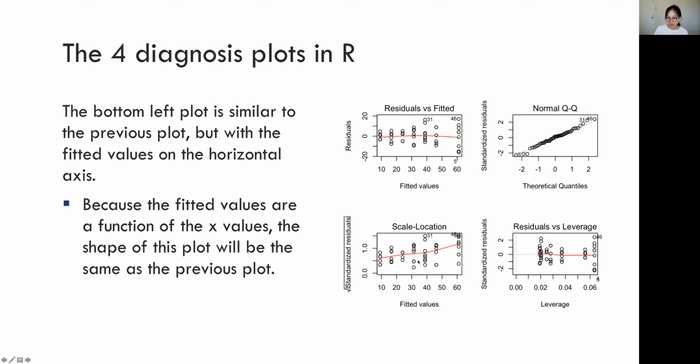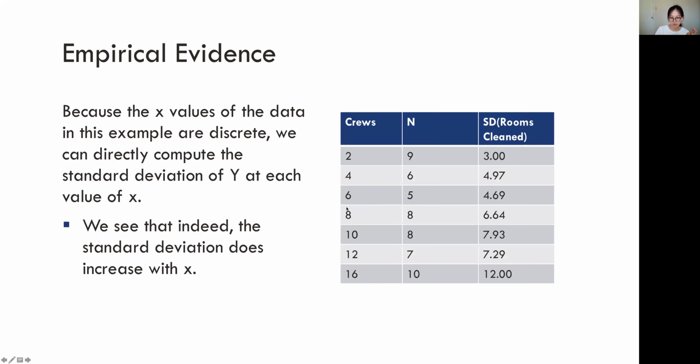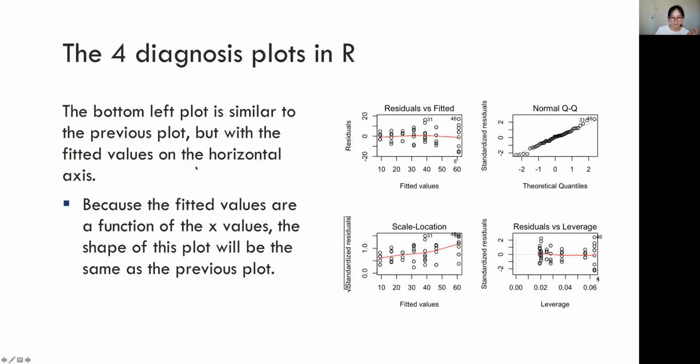The pattern looks very much the same because the fitted values are just a function of the x values. So the shape of the plot will be the same as the previous plot. The bottom left is similar to the previous plot. So this is the reason, if you are curious about it.